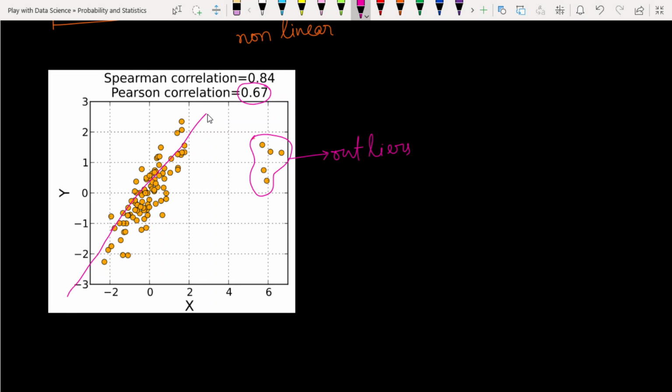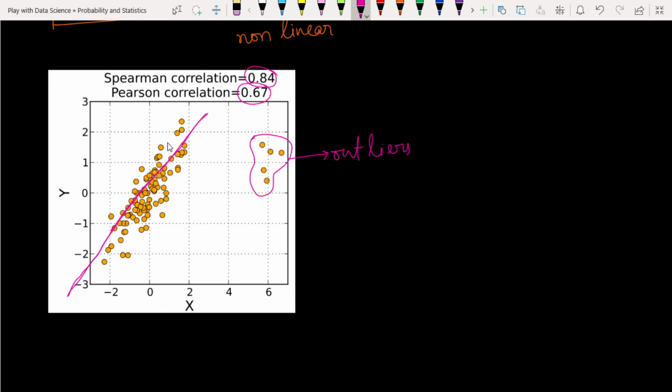The Pearson correlation value gives us 0.67, but the Spearman correlation value gives us 0.84.